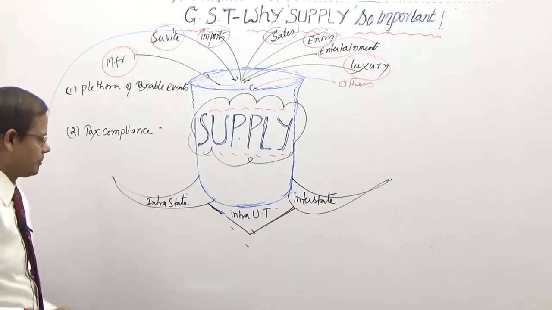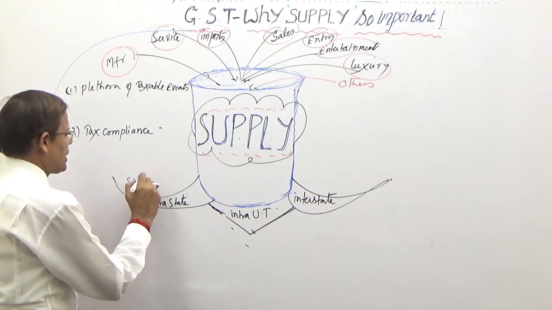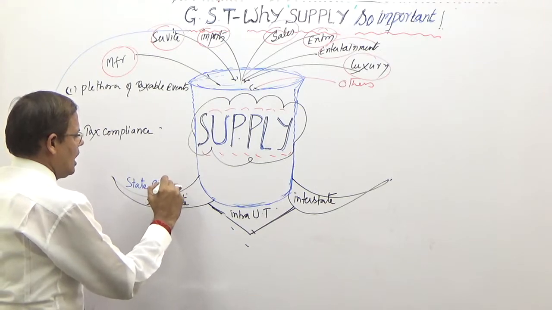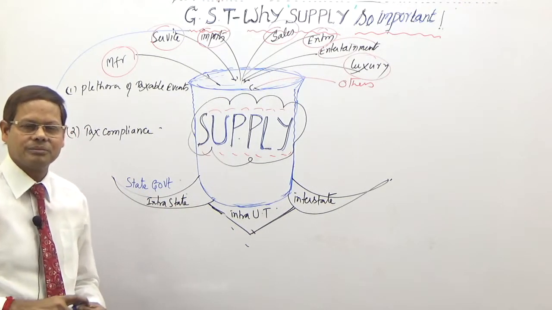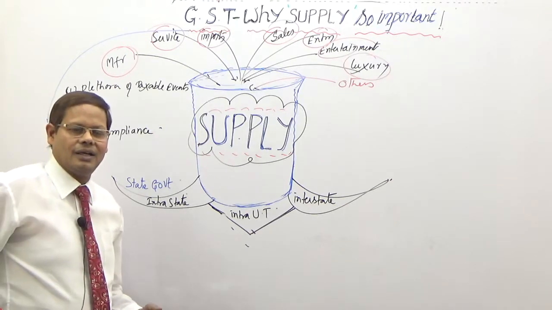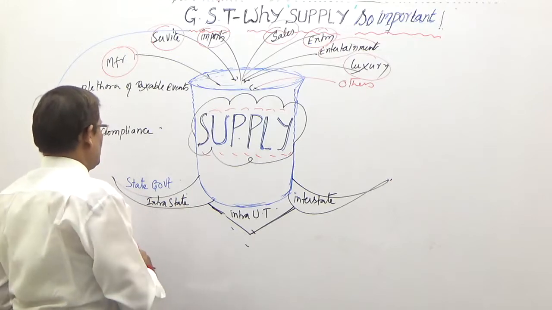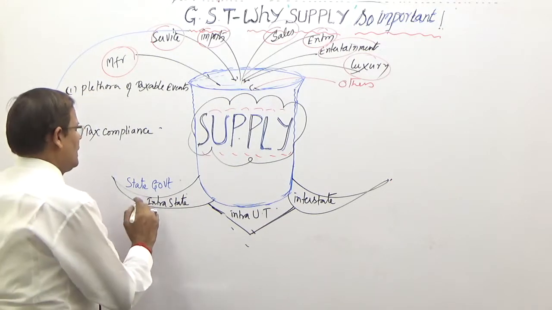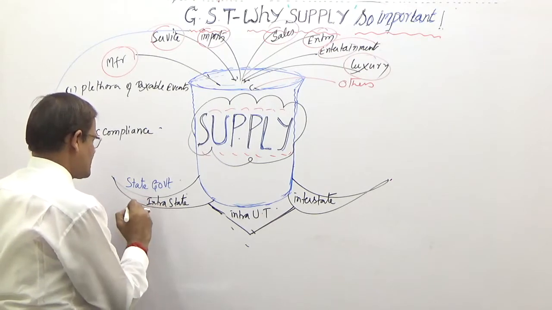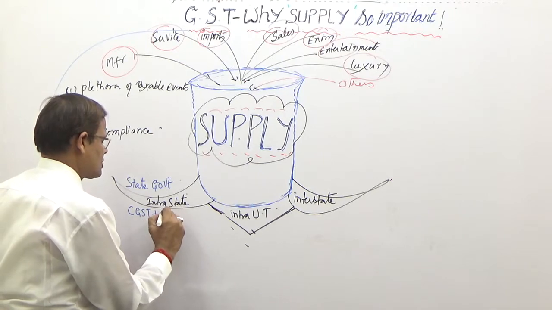Say for example, if it is intrastate, you are concerned with the state government, and which state government, you have to look into the place of supply. So to begin with, if it is intrastate, then the taxes are central GST plus state GST.